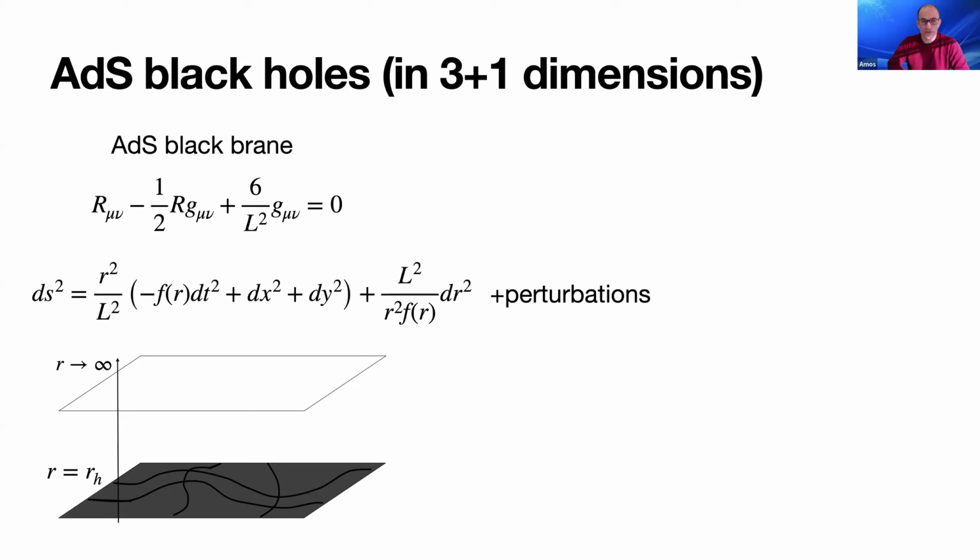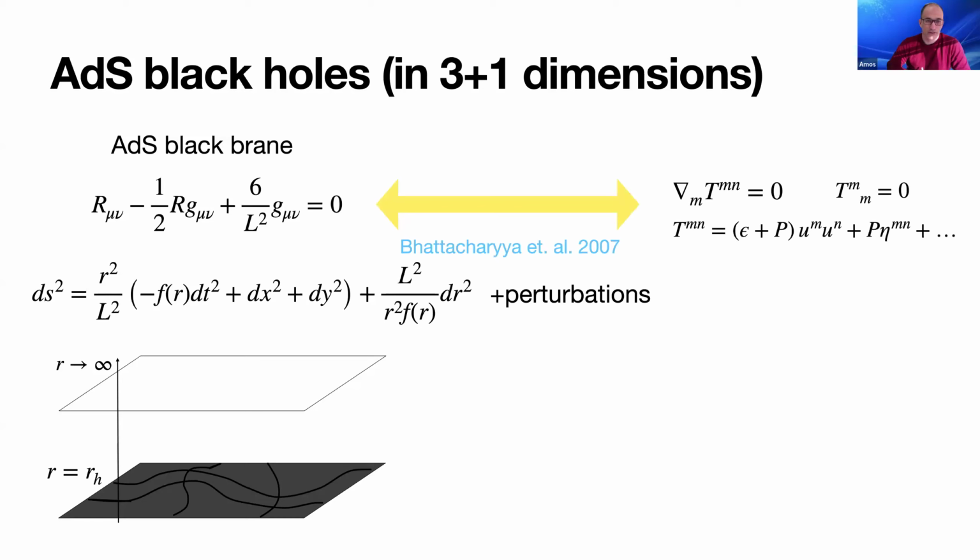Now, the magic is that if you organize your perturbation theory in the right way, then you can show that a solution to this set of Einstein equations is exactly equivalent to a set of solutions of relativistic hydrodynamics.